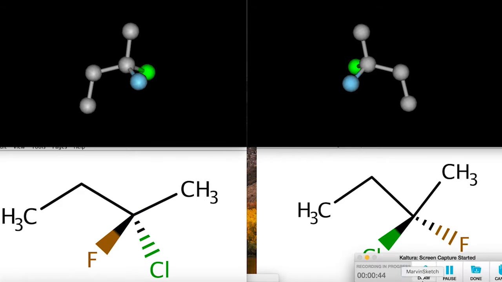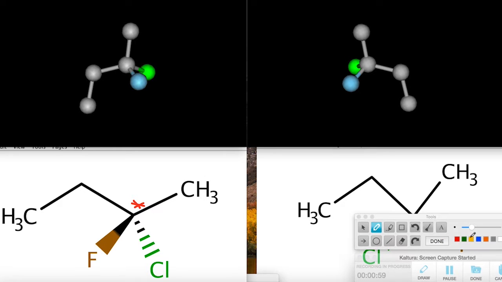So if I believe that my carbon is chiral, I'm going to label it with an asterisk as best I can. And then I'm just going to look and see if this carbon has 4 different groups. So I see that I have an ethyl group here, which has 2 carbons in it.